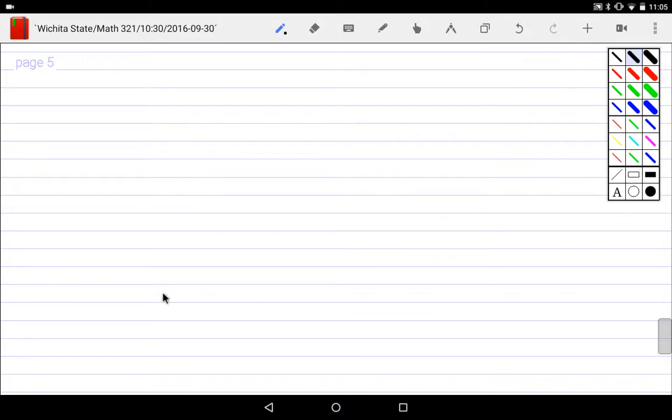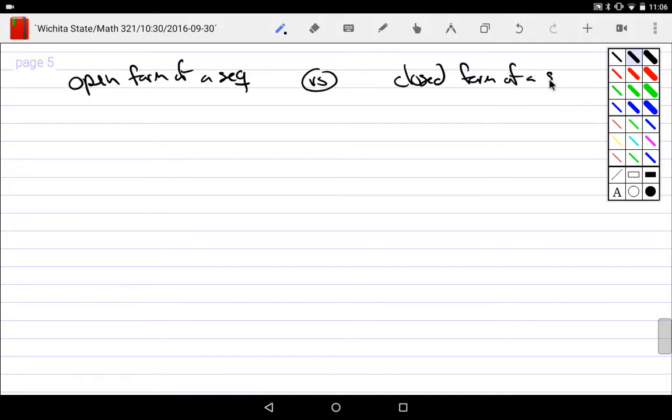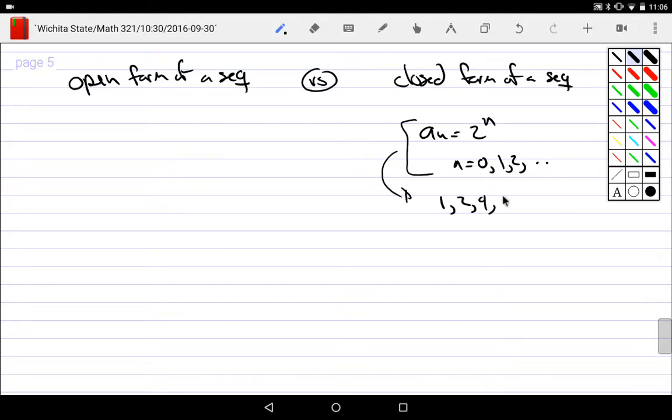All right, there are some sequences, and I'm going to split between two things: an open form of a sequence versus a closed form of a sequence. Closed form of a sequence is pretty easy. a sub n is equal to 2 to the n, where n is equal to 0, 1, 2, and then this thing spits out 1, 2, 4, 8, 16, and so on.